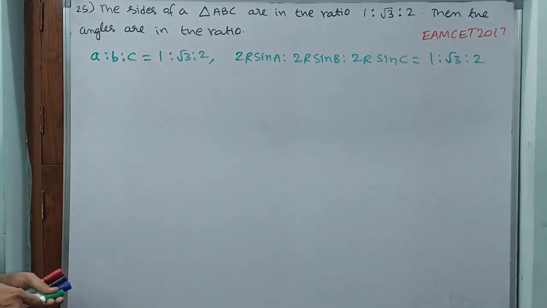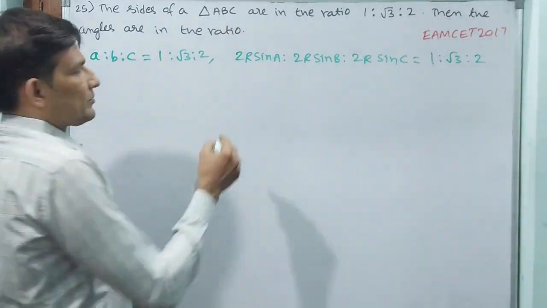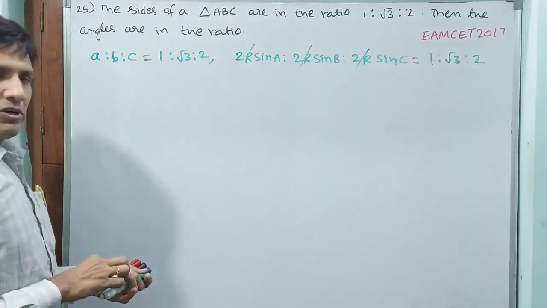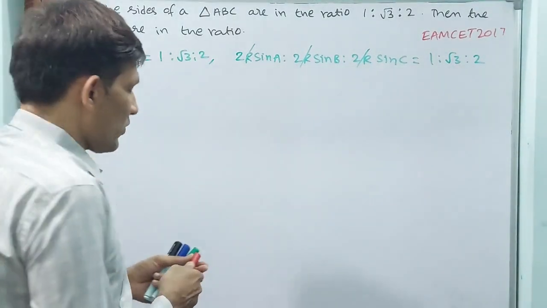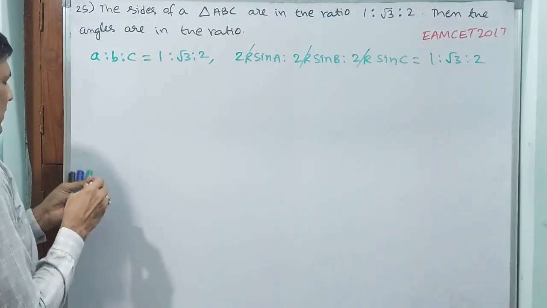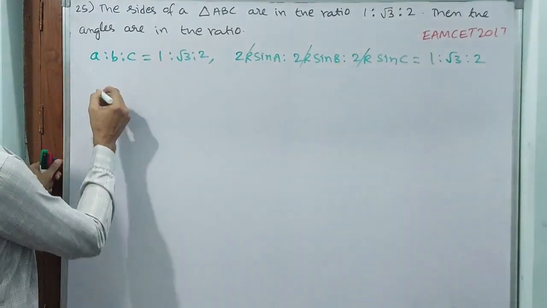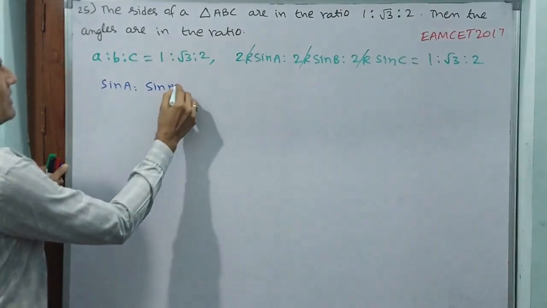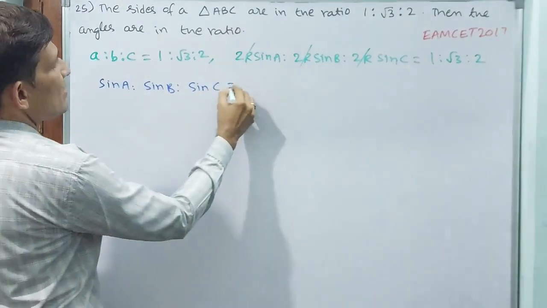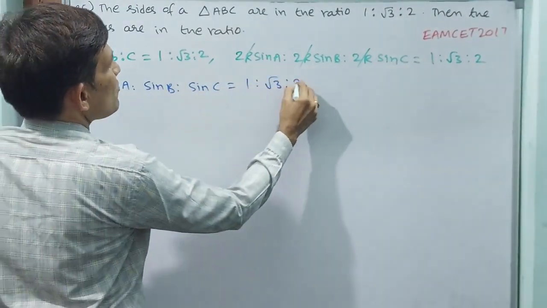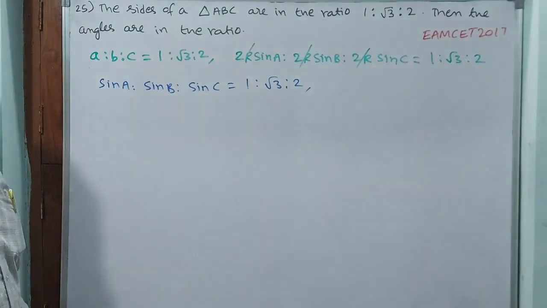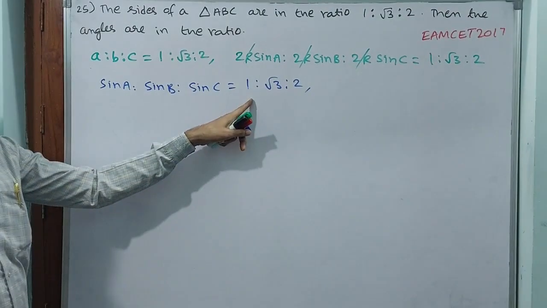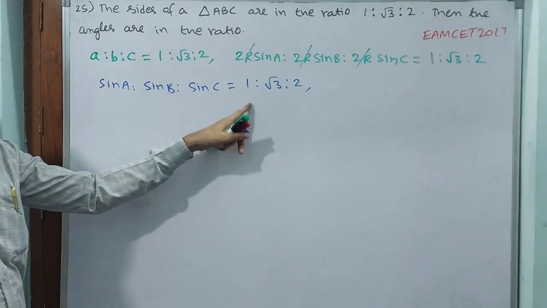Okay, now after writing, I can take common and cancel. That means now we can say sin A is to sin B is to sin C is equal to 1 is to root 3 is to 2. Now shall I divide this with 2?